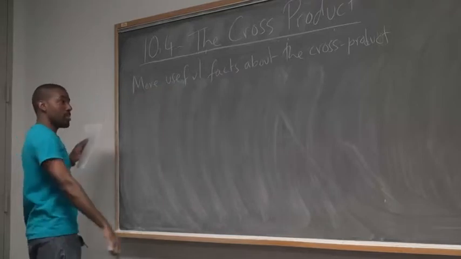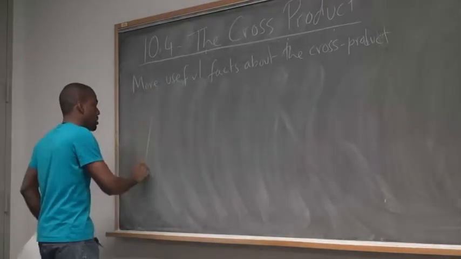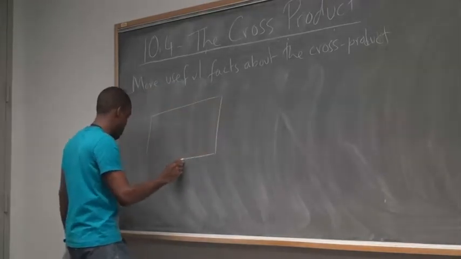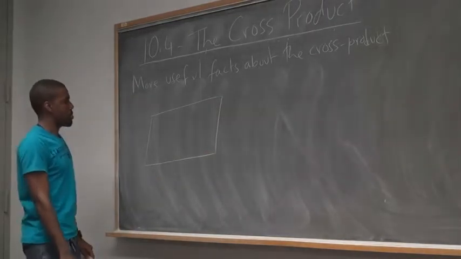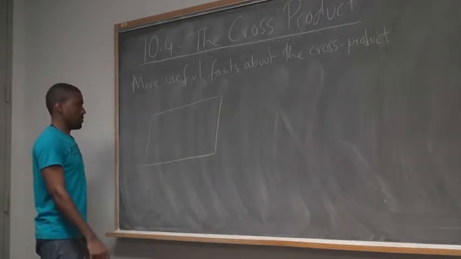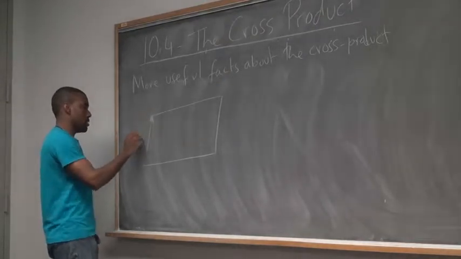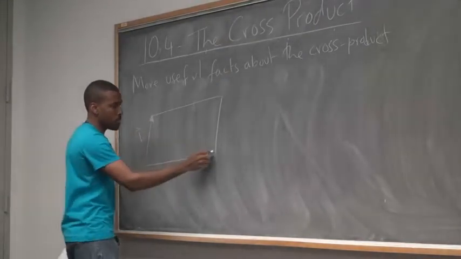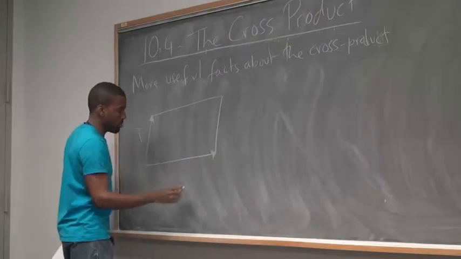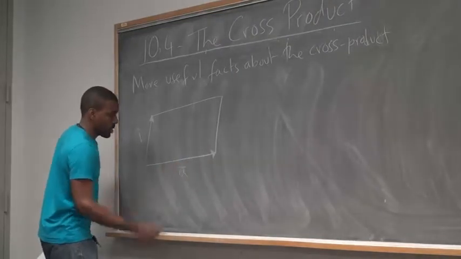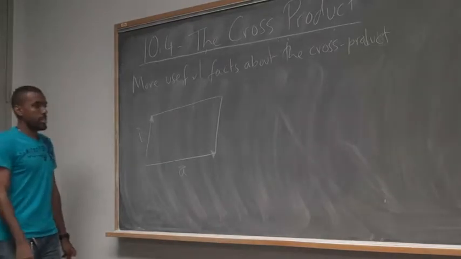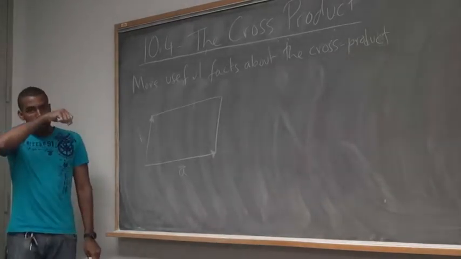There are some other useful things about the cross product. Let me show you one of them. Let's say we had a parallelogram. Let's take the parallelogram spanned by two vectors, right? Anyone remember how you find the area of a parallelogram?